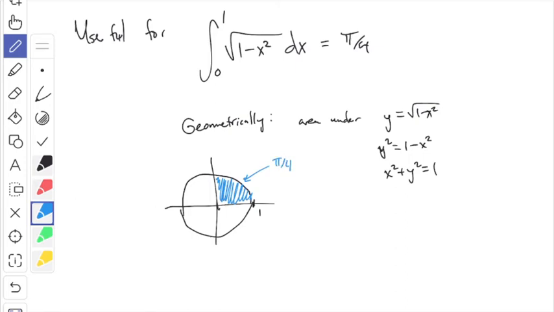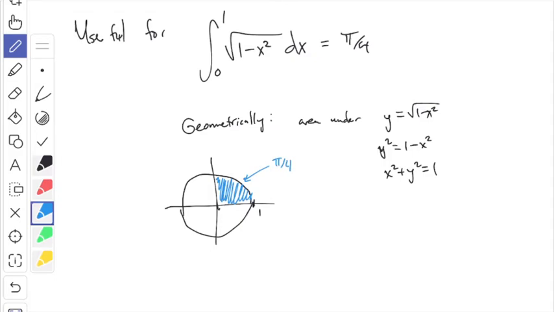Although this is a bit of an unsatisfying answer to me, just because I still don't really understand how you would find the integral of that function in general. I just know that this answer happens to equal pi over 4. But for example, what if, instead of the integral from 0 to 1, it was the integral from 0 to a half?